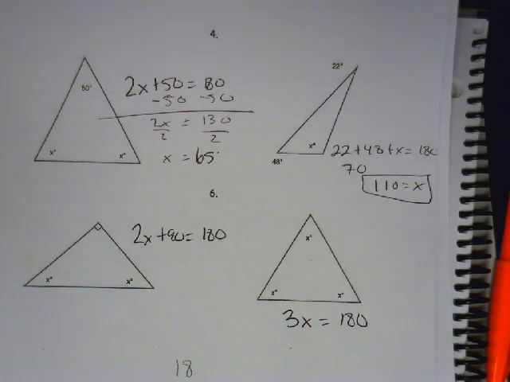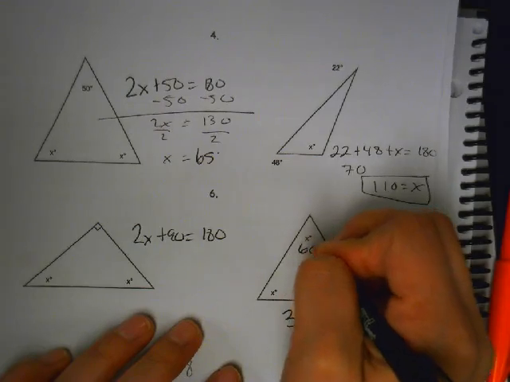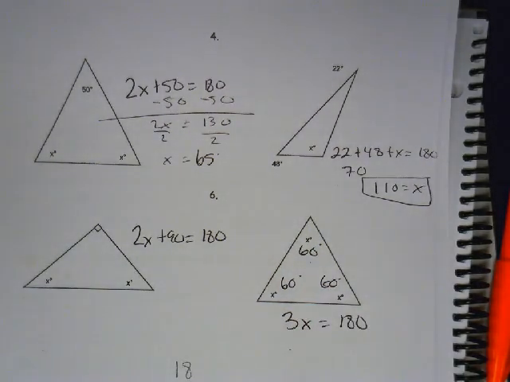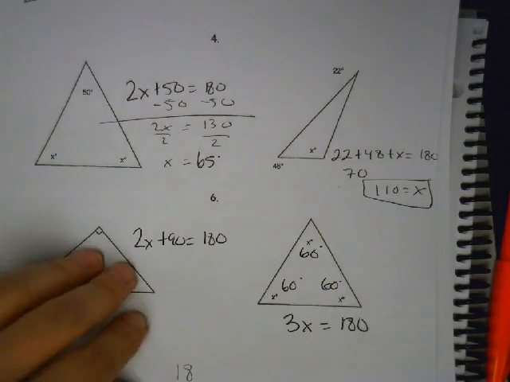Yes. So, in every equilateral triangle, all the angles will measure 60. No matter if it's a ginormous triangle or a super small triangle, all the angles will always be 60.